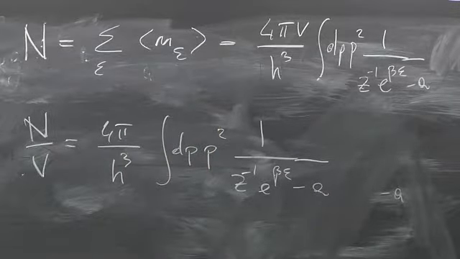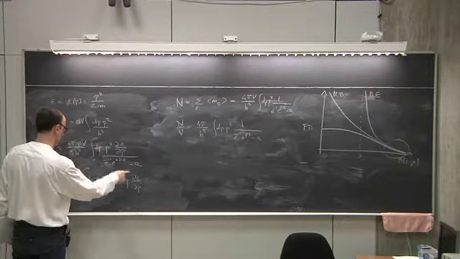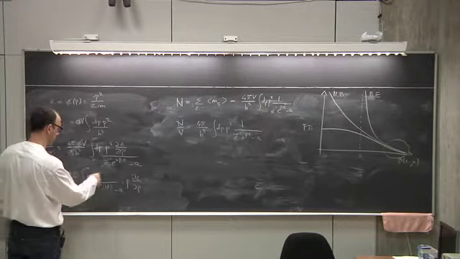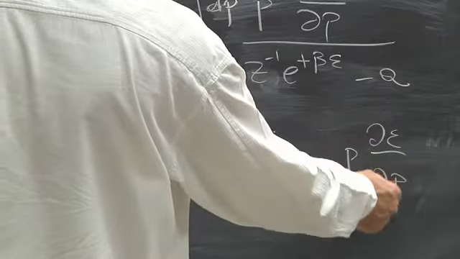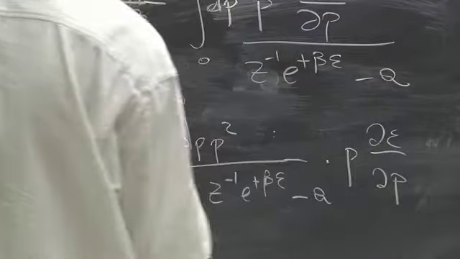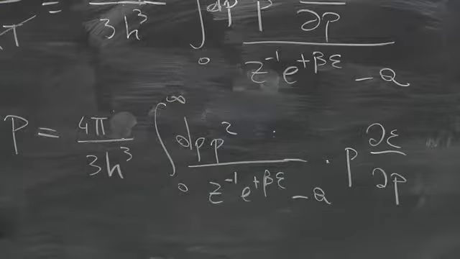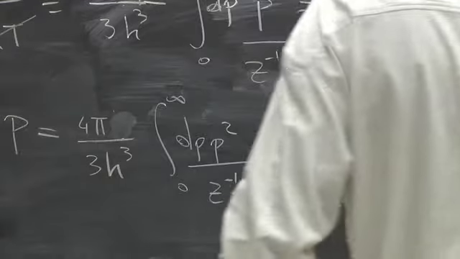So you can see that you can interpret this object as being related to the average of the momentum times the derivative of the energy of the single particle with respect to the momentum, which is the velocity.